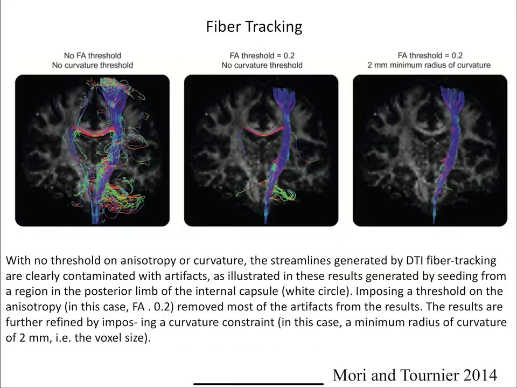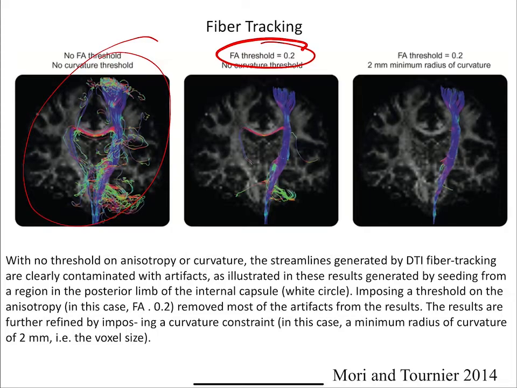So typically, if you just do something like that, then you end up with really weird tractography. Okay, if you just follow those things, typically these algorithms will put limits on what's good and what's bad. So in this case, they put an FA threshold. A voxel would have to have an FA of at least 0.2 to be considered as part of this tracking, which makes sense because if you don't have any fractional anisotropy, you can't really trust that direction.